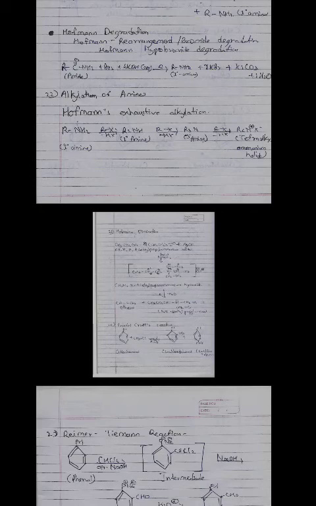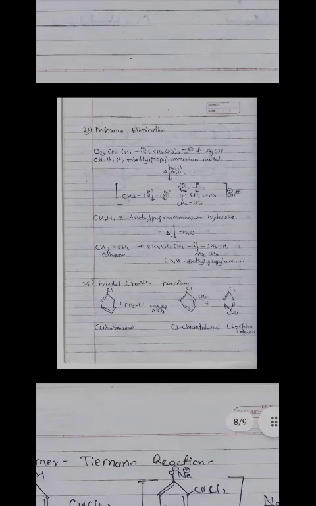Hofmann exhaustive alkylation. In this a first degree amine is converted into a second degree amine, then a third degree amine, and at the last it is a tetra alkyl ammonium halide. And the 23rd naming reaction is the Hofmann elimination reaction.